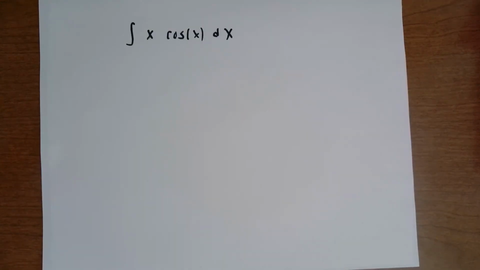For my next example, I'd like to integrate x cosine x with respect to x. I have things multiplied together. Since this isn't on my list of things I know how to do, my first thought is, how about this new technique we've just started talking about?